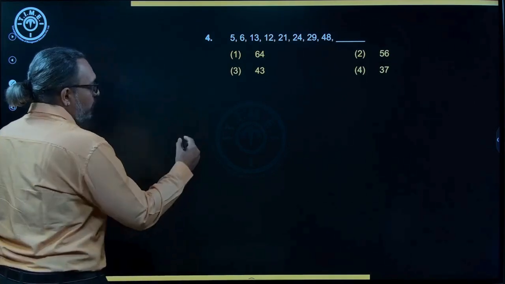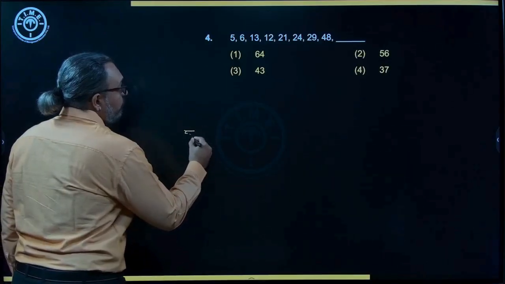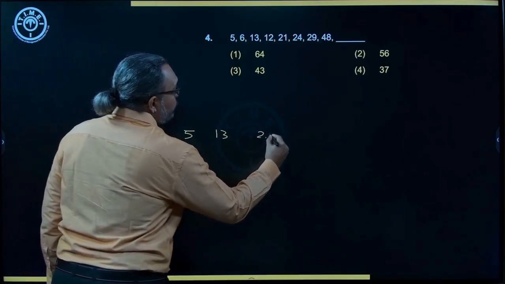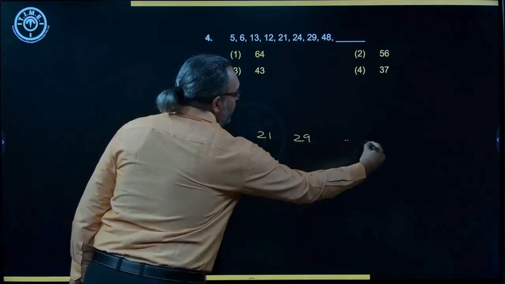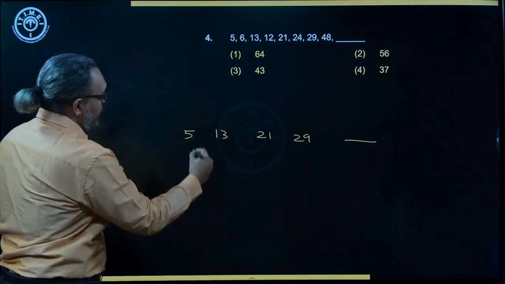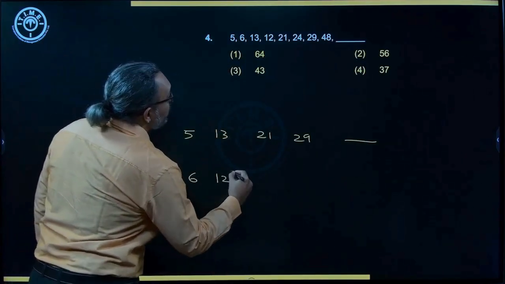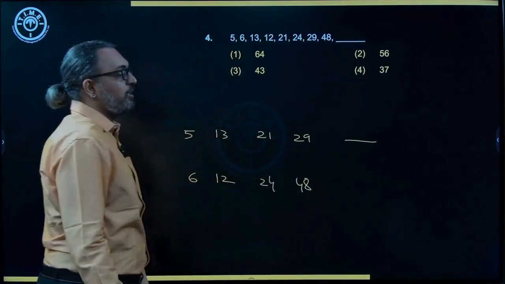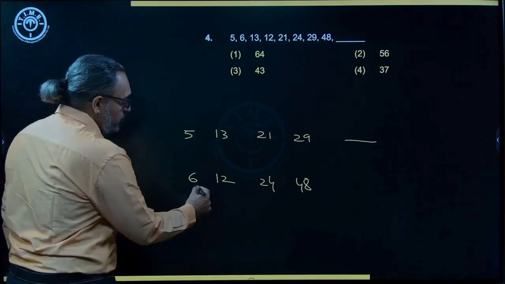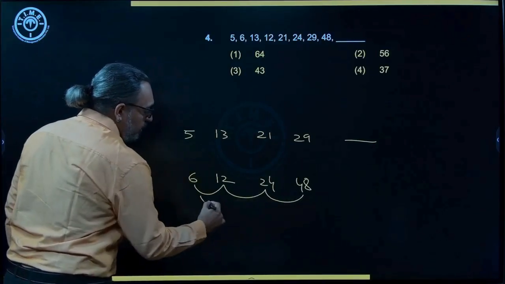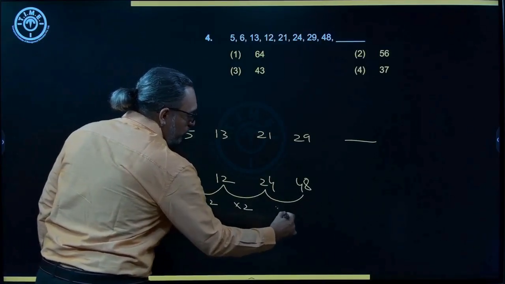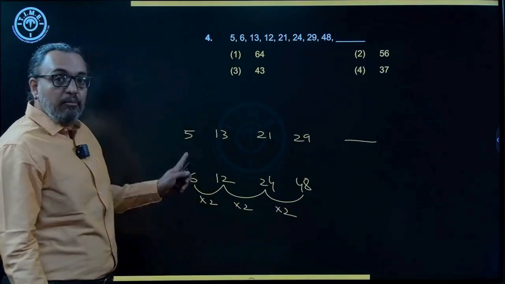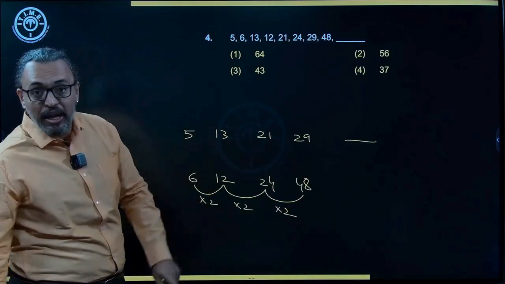Now if I take alternate numbers, I have a 5, then 13, then 21, then 29 and a blank, correct? Then next we have a 6, 12, then 24, then 48. These are the numbers, correct? So we know 6, 12, 24, 48, these are double, into 2, into 2, into 2. But how are these? Because that is where the blank is for us.